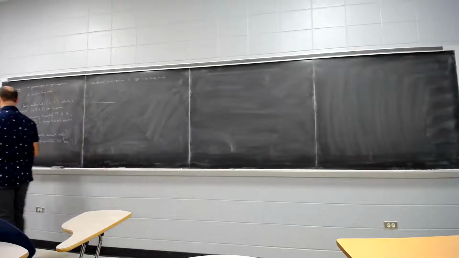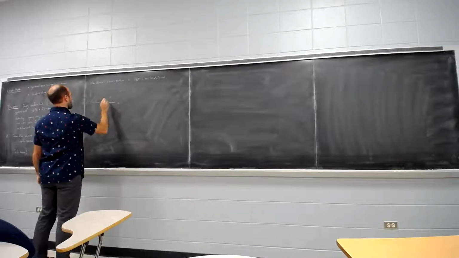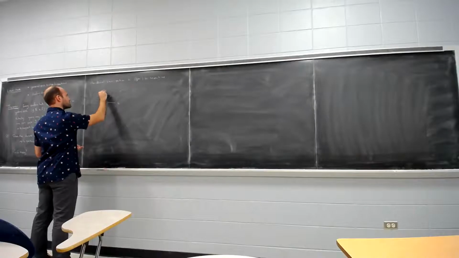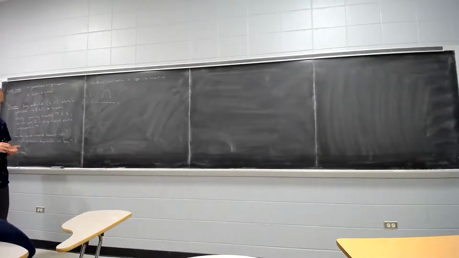But if we have our surface here, and I need to be a little bit careful. I didn't think about this before I came in here, but yeah, I need to be careful here. So I think I can do it.